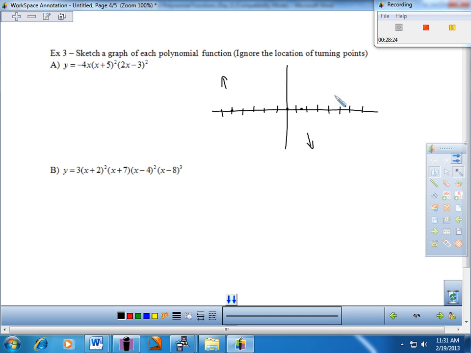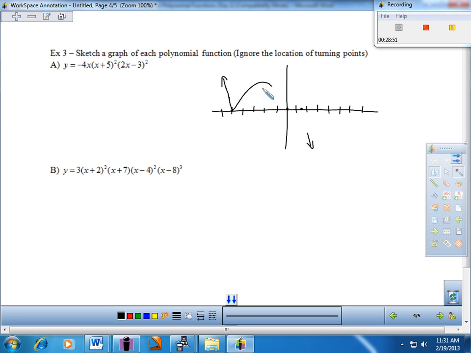Okay, so let's go ahead and sketch this out here. The question is, as I approach the 0, is it a touch or is it a cross? And as I approach that negative 5, look over here, everyone. It's x plus 5 squared, so you know it's going to be a touch at the negative 5. So let's go ahead and get that. It touches there and comes on back.